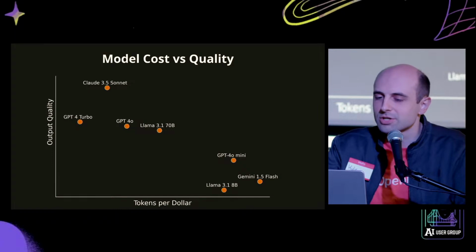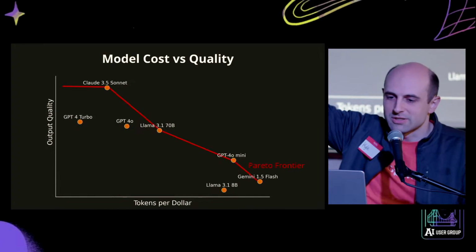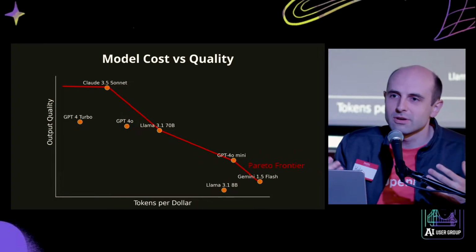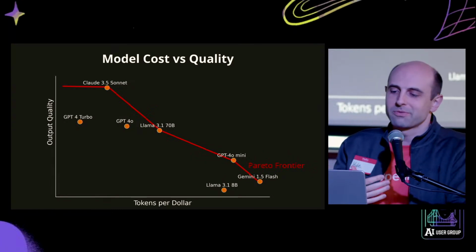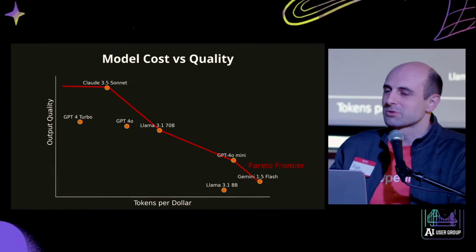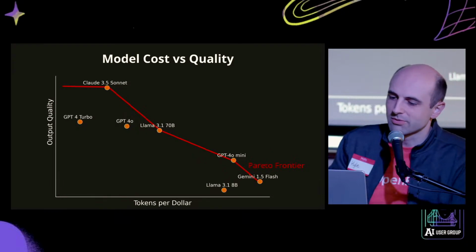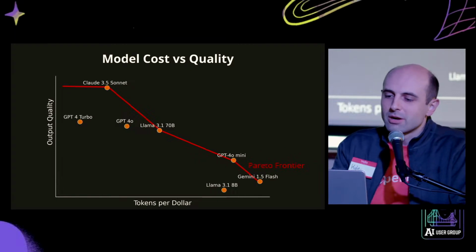Okay, so this is a very general trade-off, and we can draw on top of this chart this nice Pareto frontier, which is, for a given amount of money I can spend, what is the best model? If I'm doing something at huge scale, I'm scraping the whole internet, maybe I'm looking down at this tail end of the distribution where we've got Gemini 1.5 Flash, which is super cheap to run, but not that strong.